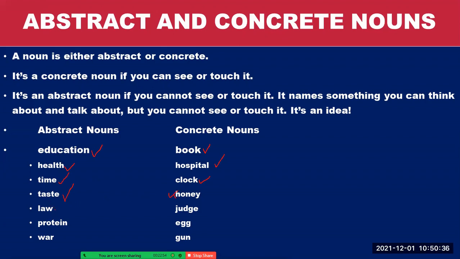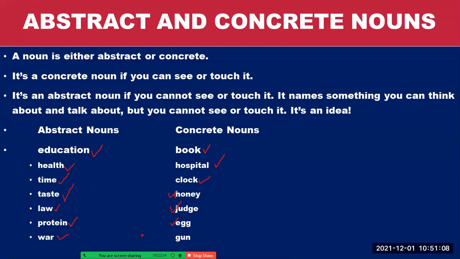Law is an abstract noun, but a judge in a court of law is a concrete noun because you can see a judge sitting on the judgment seat, all right? Then protein is an abstract noun, but an egg is a concrete noun, a particular source of protein which you can see, you can touch, you can taste.